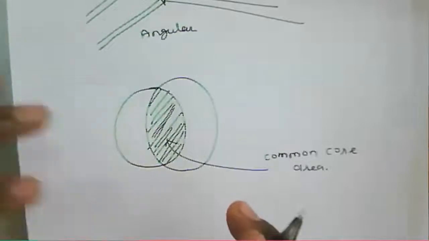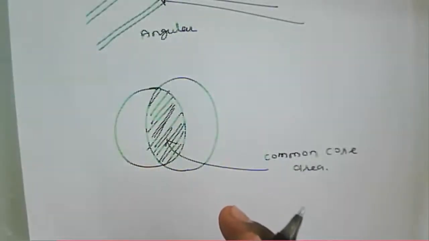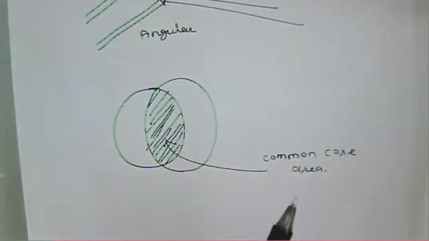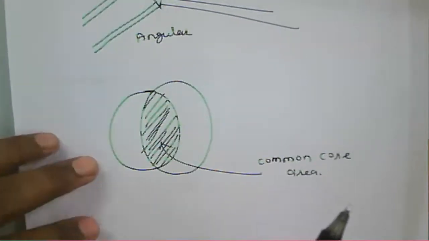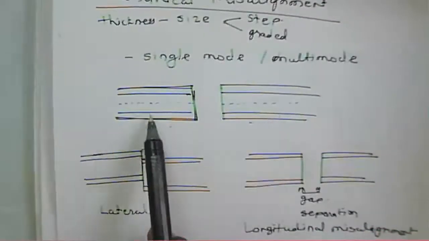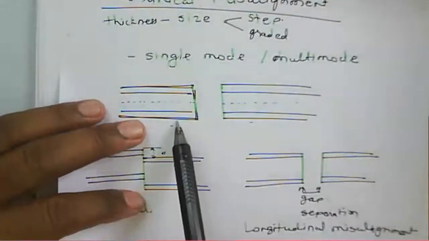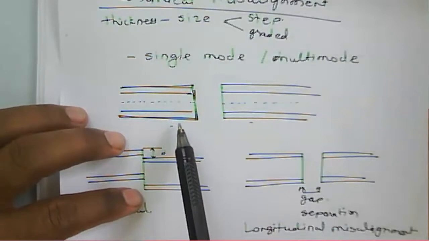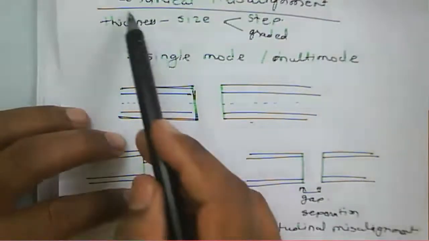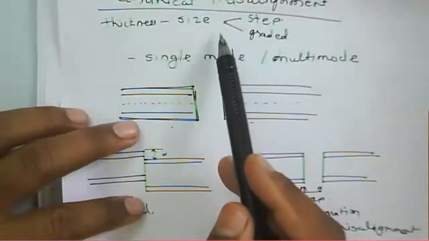Then we calculate how much the radiation loss will be because of this misalignment in the given optical fiber. That loss is not only because the two fibers have the same core size and so on, or because there is a mechanical misalignment.